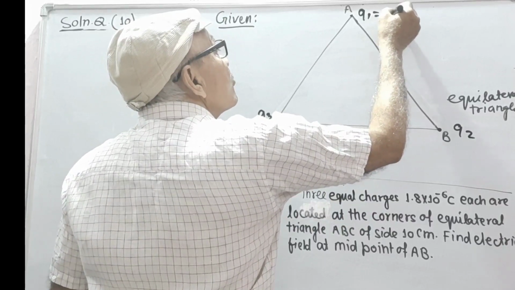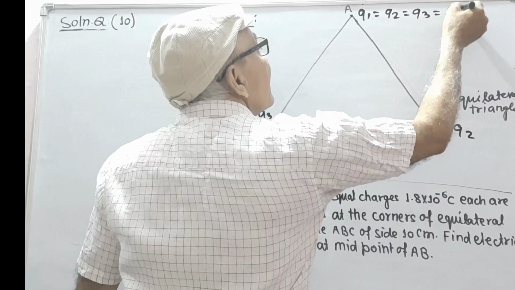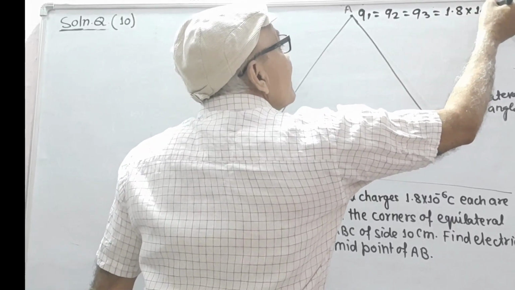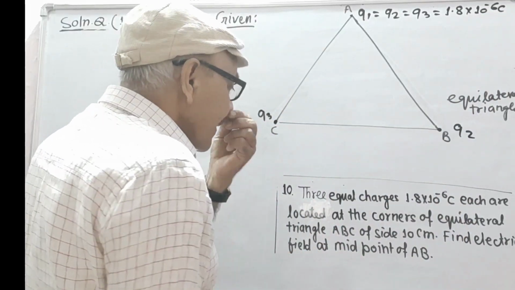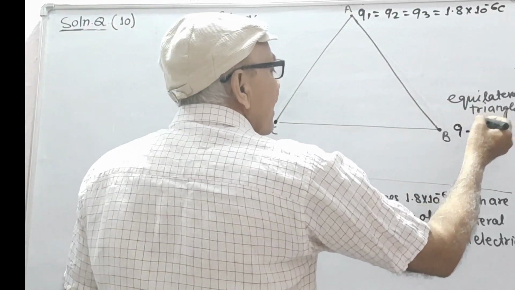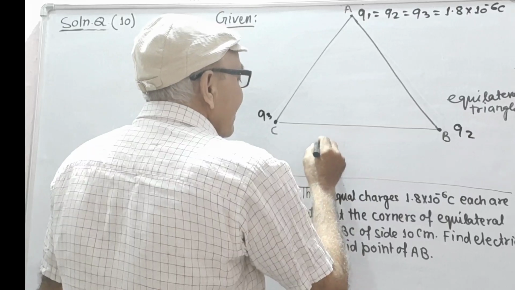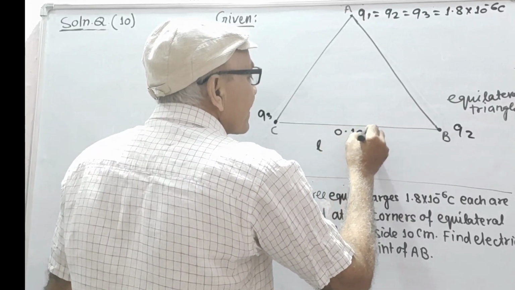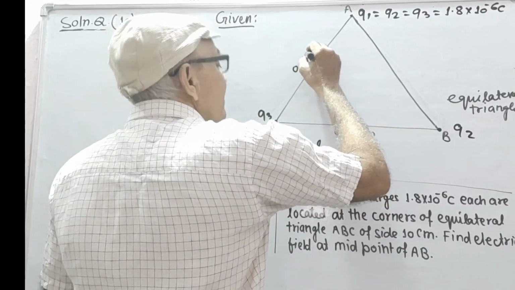Q1 is equal to Q2 is equal to Q3 is equal to 1.8 into 10 to minus 6 coulomb. Equilateral triangle has length of each side 10 cm. So this is 10 cm means 0.1 meter.